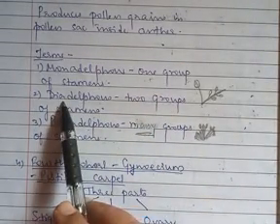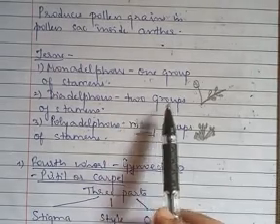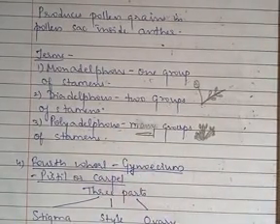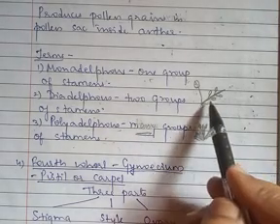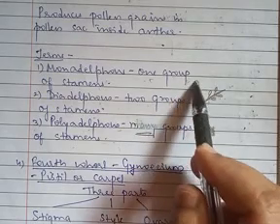Second is the diadelphous condition, wherein you will find that two groups of stamens are present. For example, in the pea plant, you find that 9 stamens are joined together and one remains away, as I have shown over here. So 9 stamens are joined together to form one group and one stamen is separate.